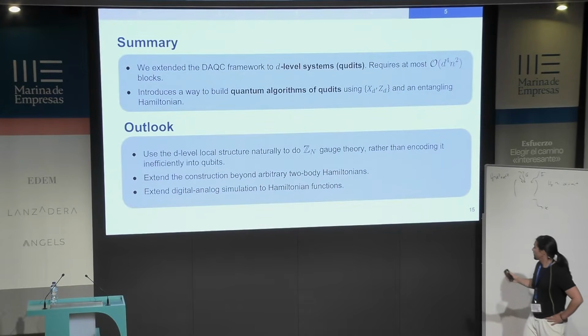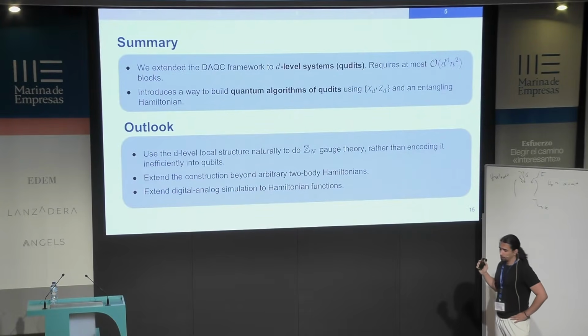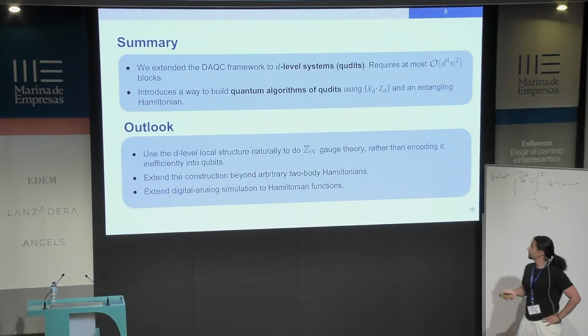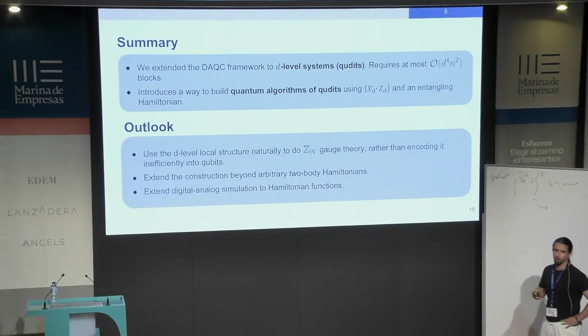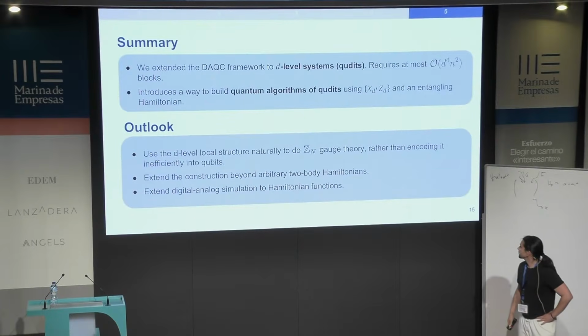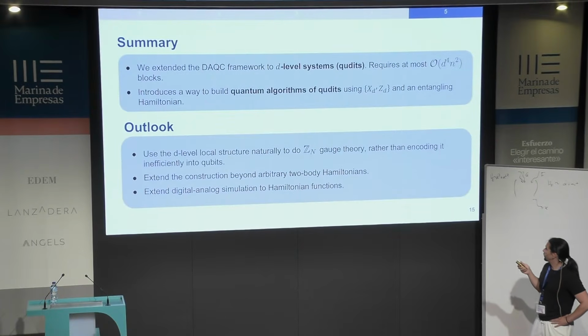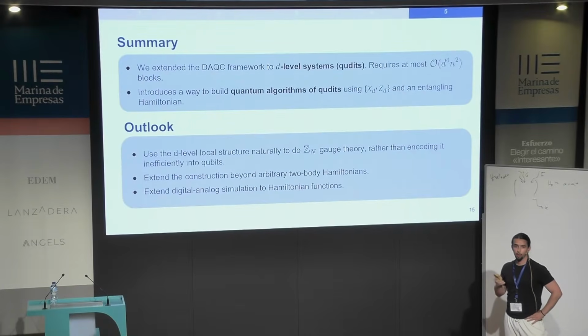So in summary, we have extended the digital analog framework to QTYS. In this case, it only requires a polynomial amount of blocks, or effective Hamiltonians. And we have introduced a way of building quantum algorithms by only using two types of local operators and an entangling Hamiltonian.